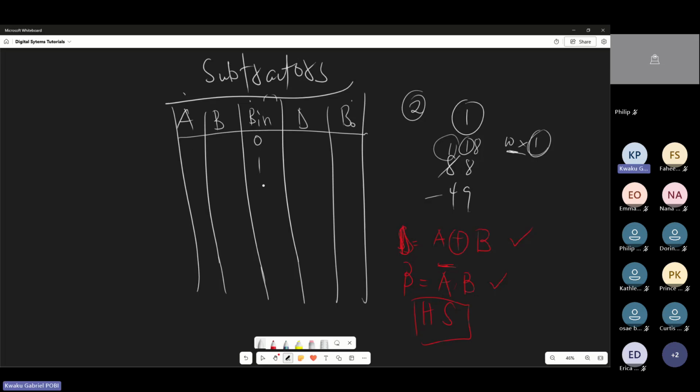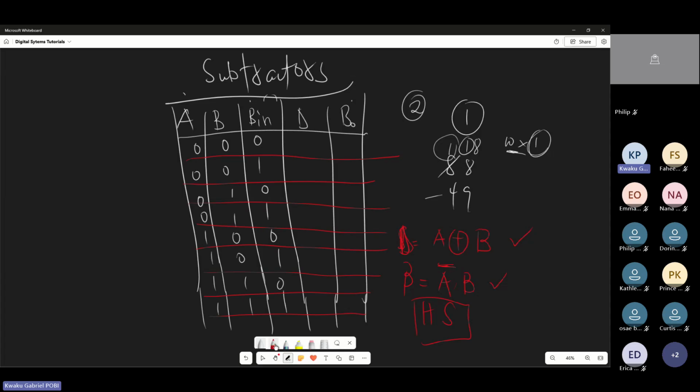So 0, 1, 0, 1, 0, 1, 0, 1, like this. So here you have 0, 0, 1, 1, 0, 0, 1, 1, then 1, 2, 3, 4, 1, 2, 3, 4, like that.